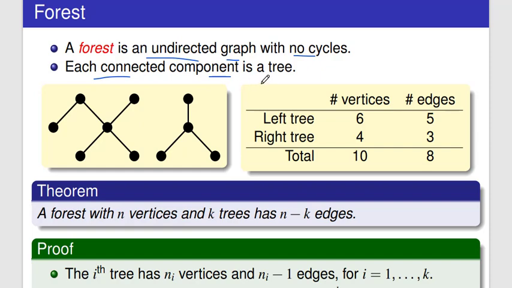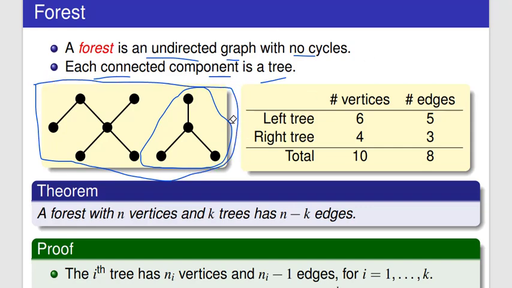If we combine all the trees, it becomes a forest. Like this, here we have two trees and we have combined them, and it's called a forest. But it should follow the tree condition: there should be no cycle.